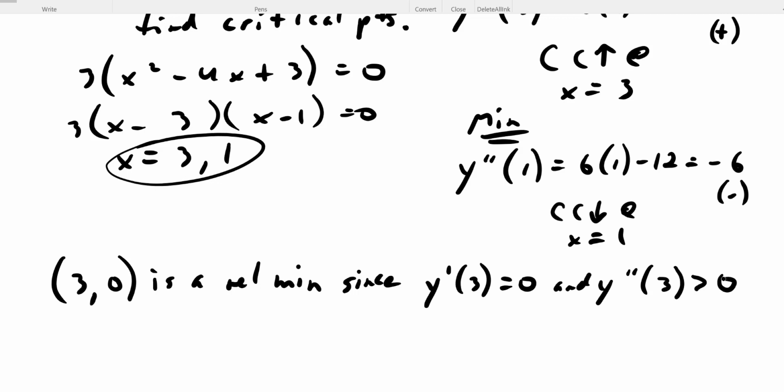That's all you need to know. Critical point, and it's concave up, so it's a minimum. Beautiful. That's the second derivative test.